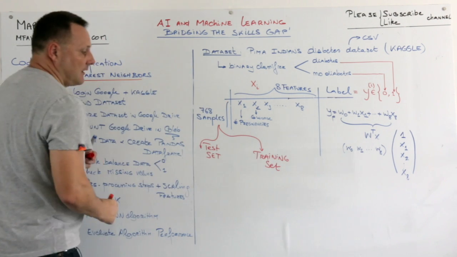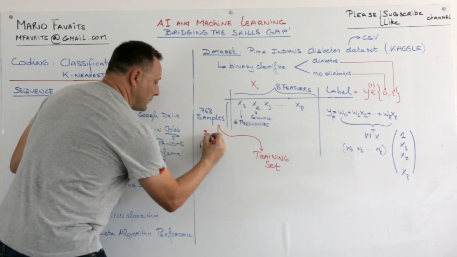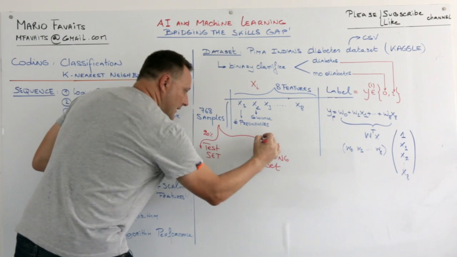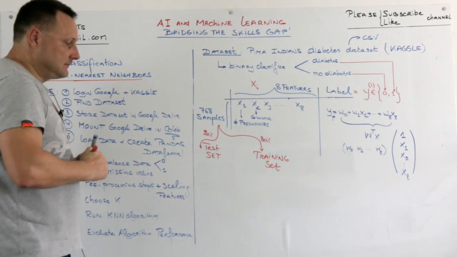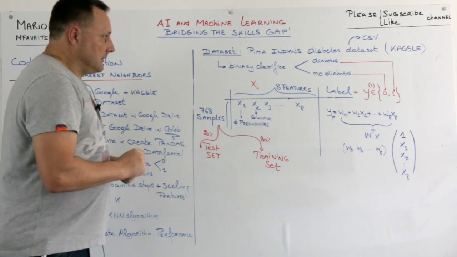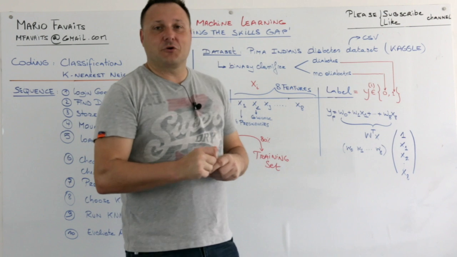We'll use 20% here. 20% will be a test set and 80% will be a training set. Okay, let's get down to the coding exercise.